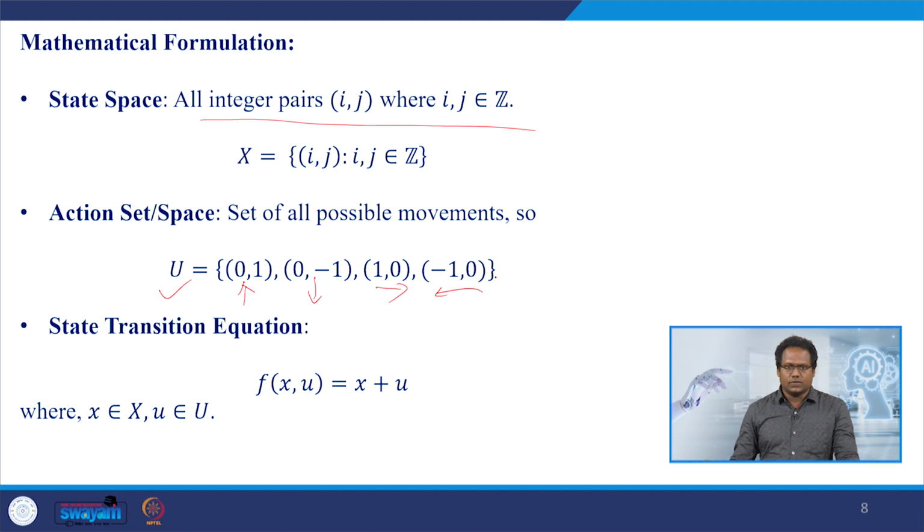These are the actions which come under the set U, which is called the action set U or action space, you can say, formed by various actions to navigate and reach particular grid points. So, the state transition equation is now given by f(x, u) = x + u, where x belongs to the state space and u belongs to the action space.